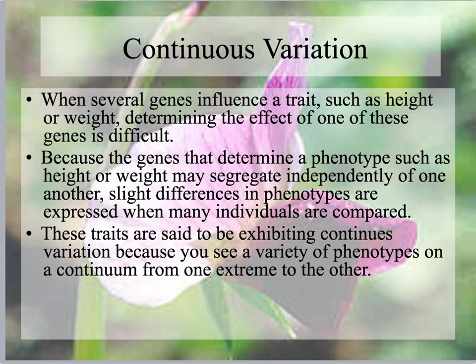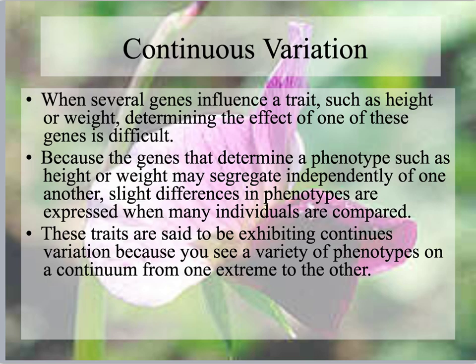The next thing is something that a lot of times people ask about. They'll say something along the lines of, what about skin color or hair color? Or height. Those fall into an area called continuous variation. And the idea there is that there's not just one gene that controls height in humans. There are several. And depending upon how many of those genes are either dominant or recessive, will dramatically impact how tall an individual is.